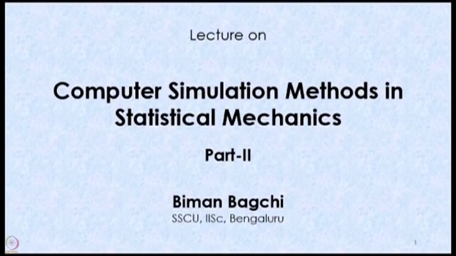Welcome back to the course on statistical mechanics. We shall continue with our study of computer simulations as a primary method to implement the principles of statistical mechanics.